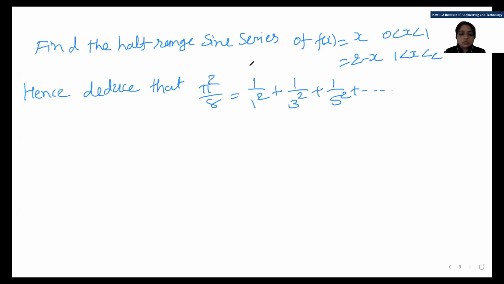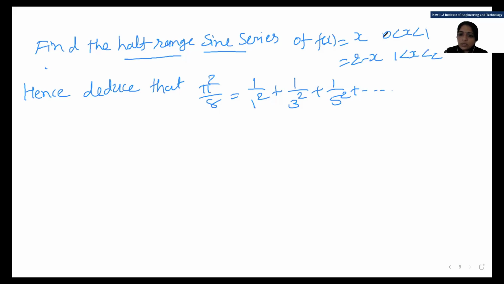Okay. So students, when we start the solution of any example, first we have to check what we want to find. We want to find a half range sine series. It means we want to find just Bn only. And then next you have to check your given integral.